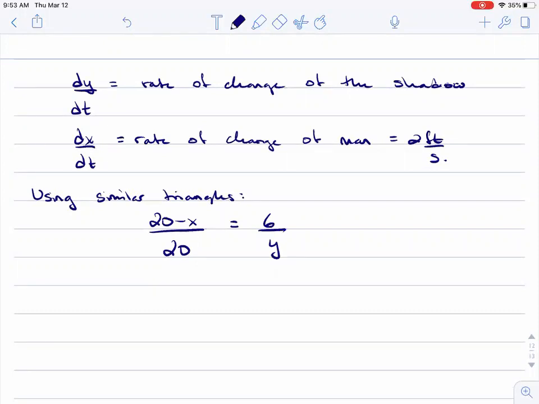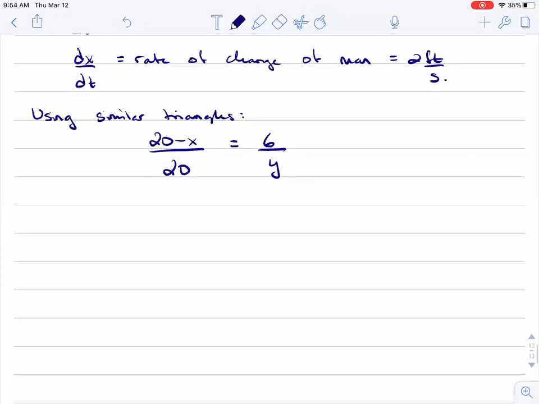So that's how I set up my similar triangles. I just talk myself through it, right? So 20 minus x is to 20 as 6 is to y in the larger triangle. Okay. So now I can cross multiply and I can sort this out a little bit.